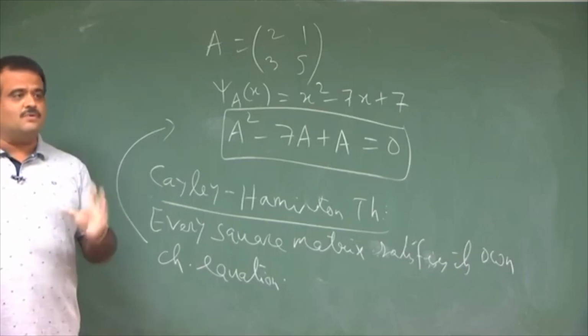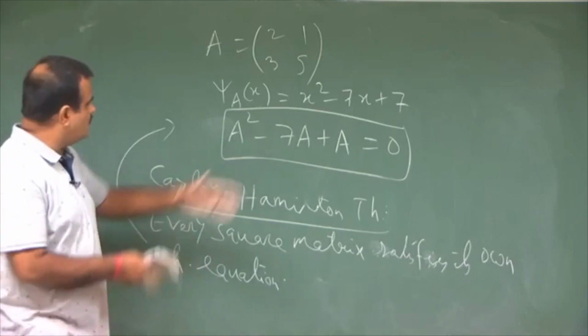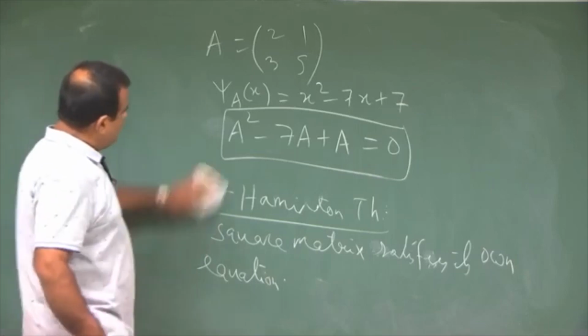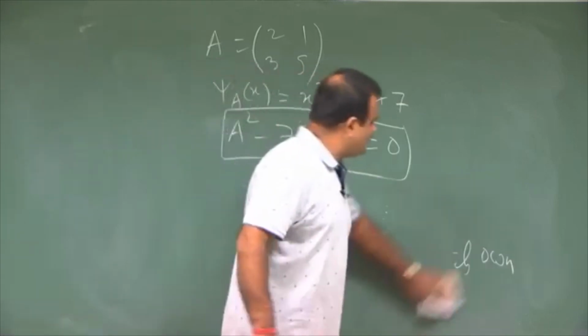Okay. Now, if we have this, it helps us to get some power of a matrix. Suppose we want the inverse of a matrix. Now, from here how we can get the inverse of this matrix?